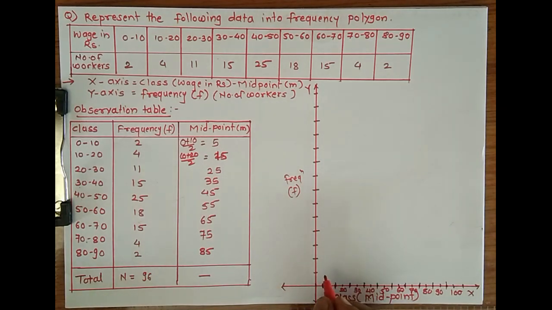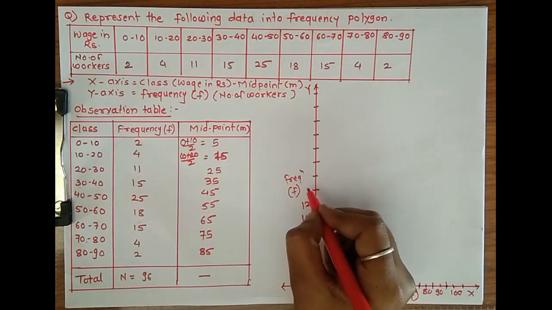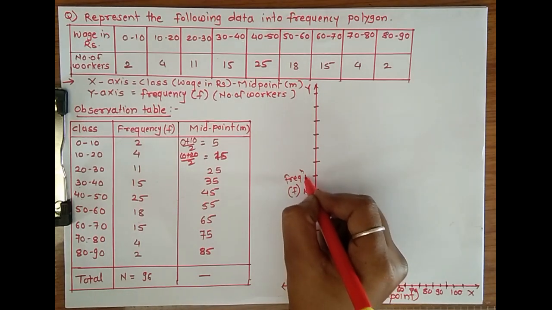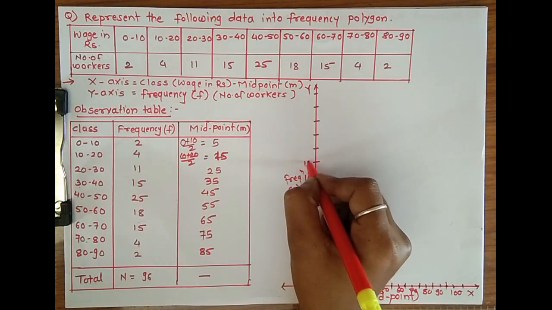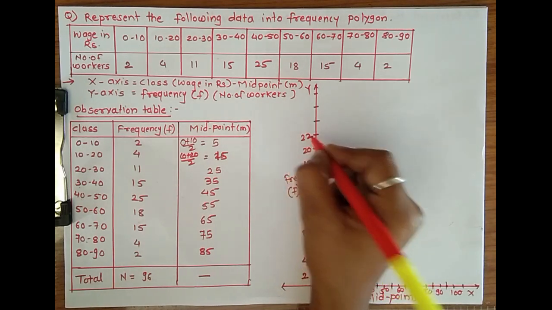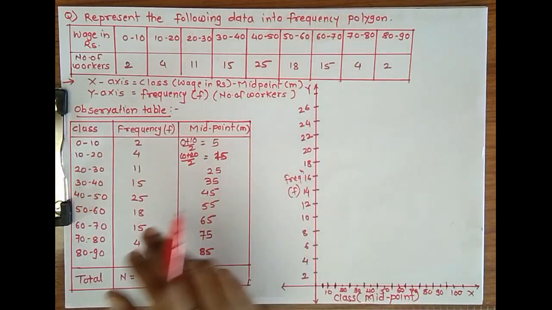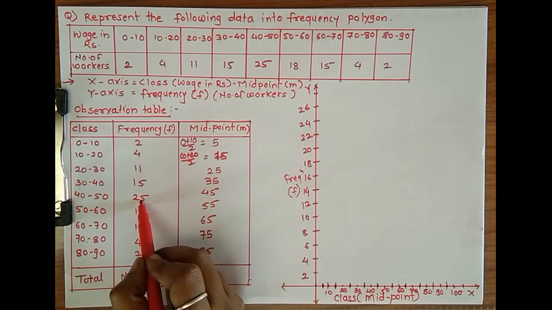On y-axis we take the scale. 1 centimeter is equal to 2 units: 2, 4, 6, 8, 10, 12, 14, 16, 18, 20, 22, 24 and 26, because the last value of frequency is 25.